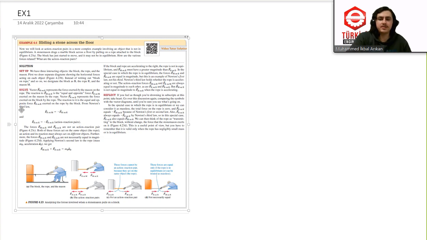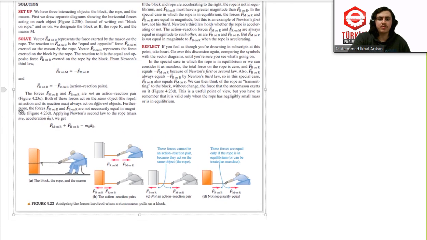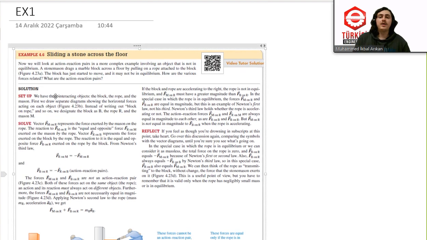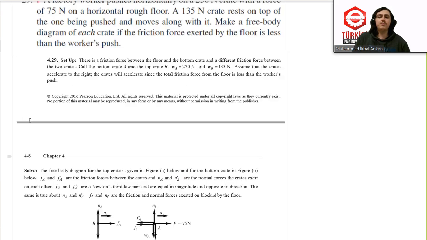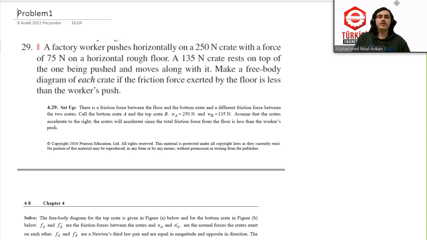Or you can see this example in your textbook for understanding more about the third law. But I will continue with the free body diagram part, which is the last part, chapter 4.6. So I will solve one more problem, then finish the video for chapter 4.